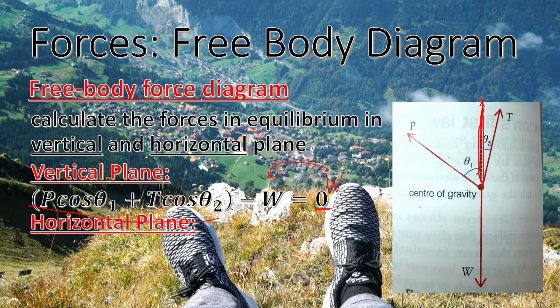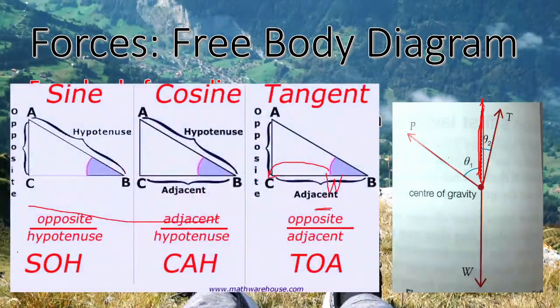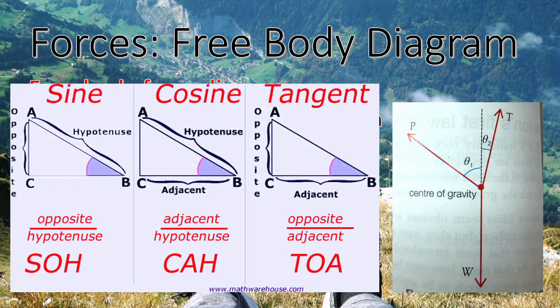So next, finding the horizontal plane. Same thing, applying our trigonometric function. This time we're going to use the opposite side. The opposite side is this one, which is the sine. So again, our values for the angle are here, here and here.